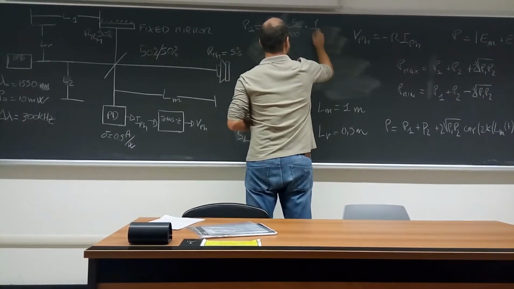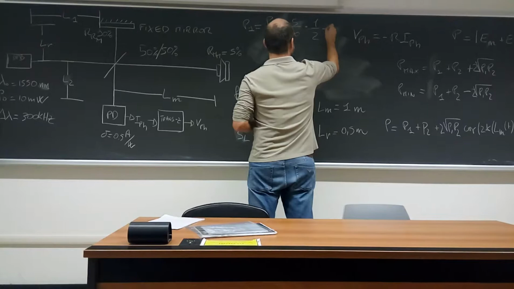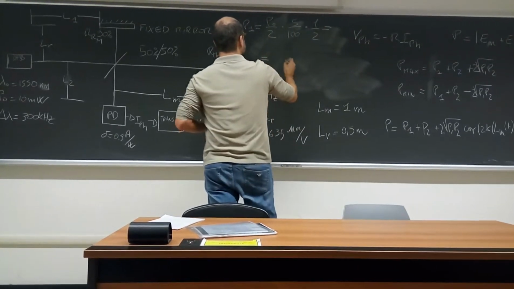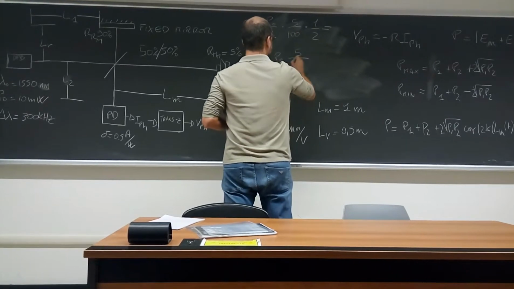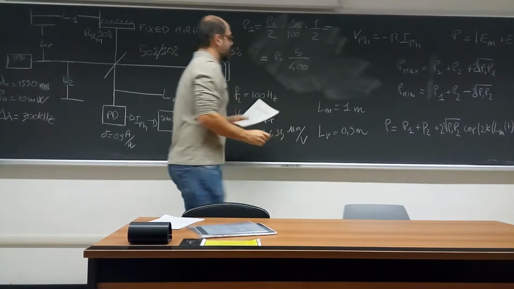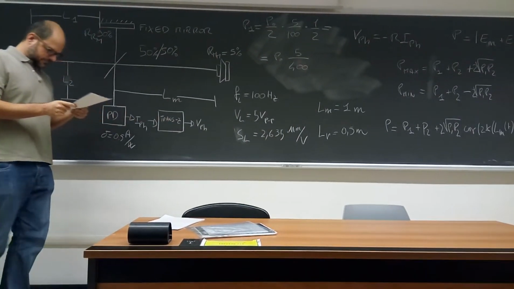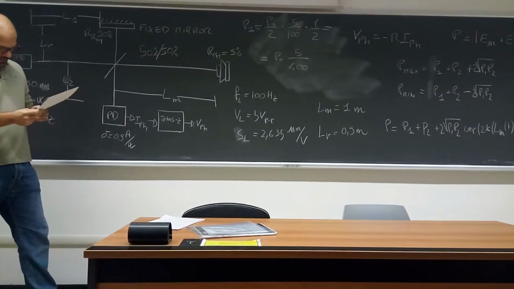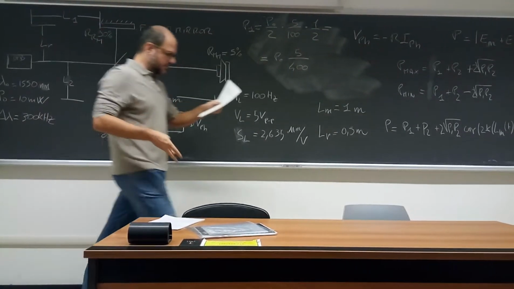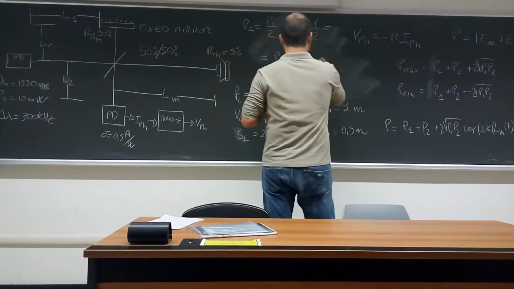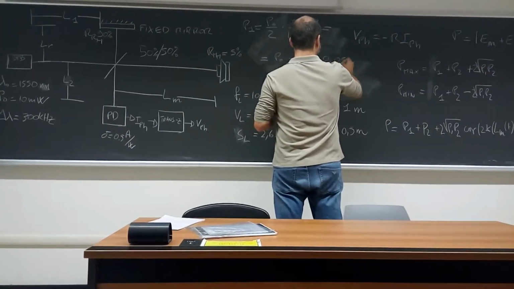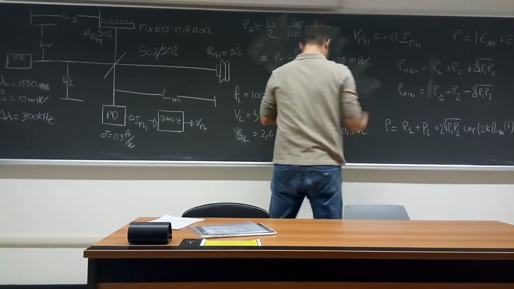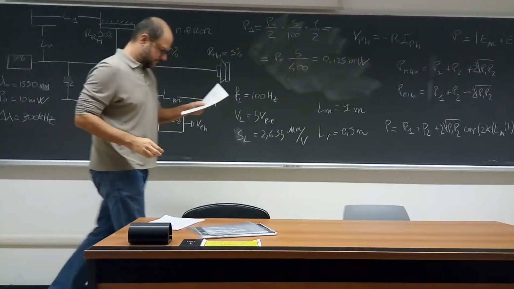So again, I have another factor of 1 over 2, and then what happens? This is equal to P0 multiplied by 5 over 400. And this should be equal to 0.125 milliwatts. Okay?